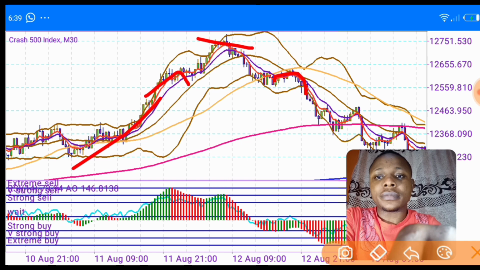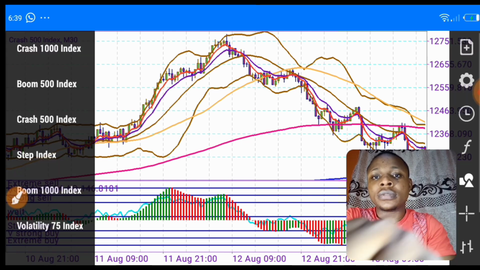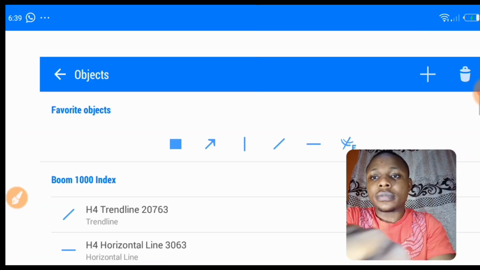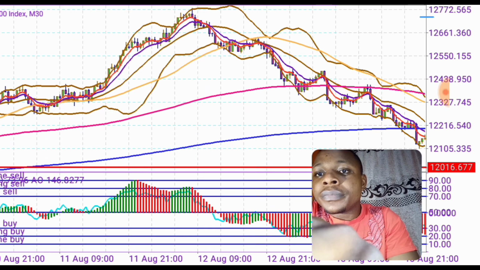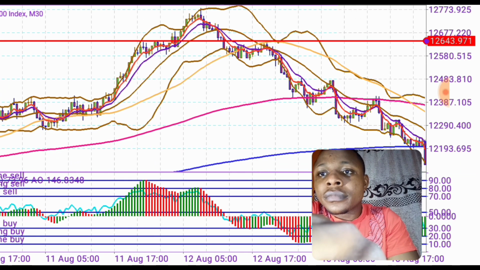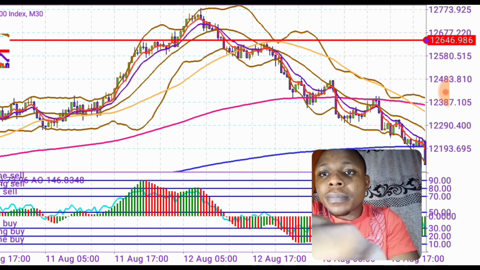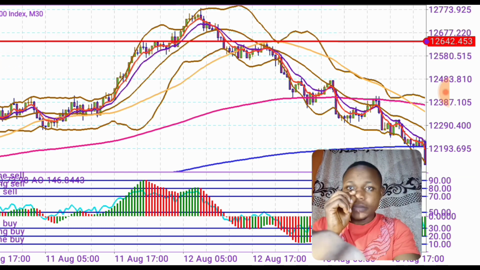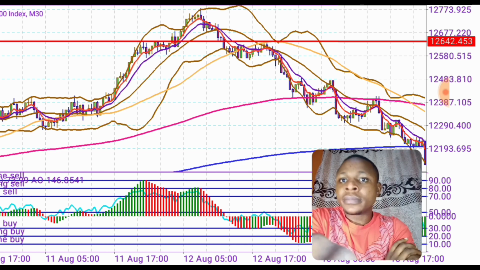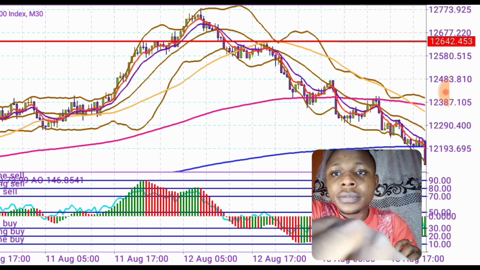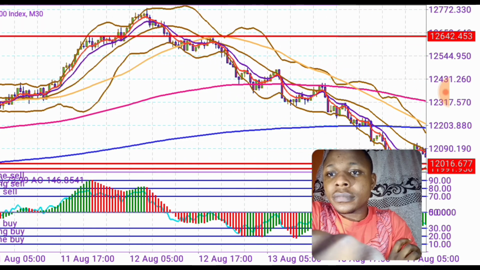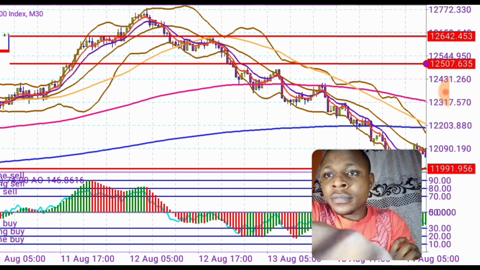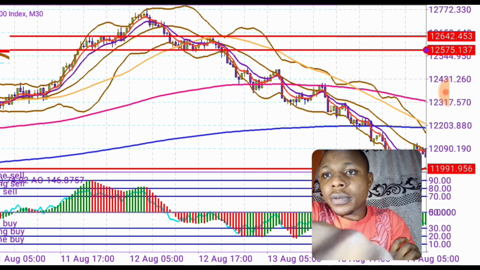Now let me draw the resistance lines. So this was the previous resistance, and this was the previous support.